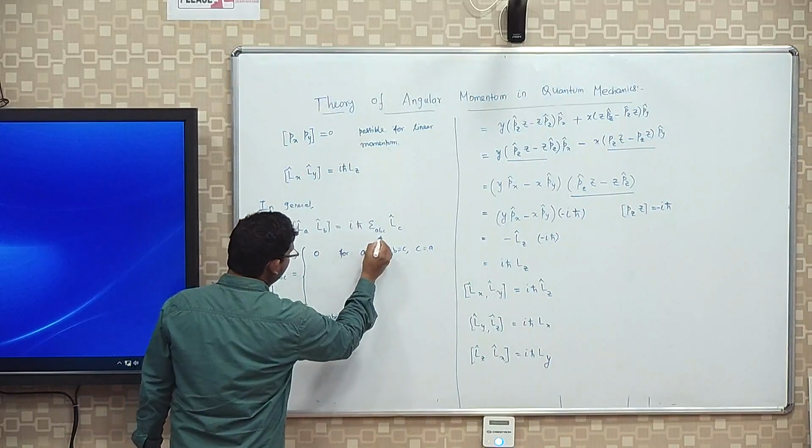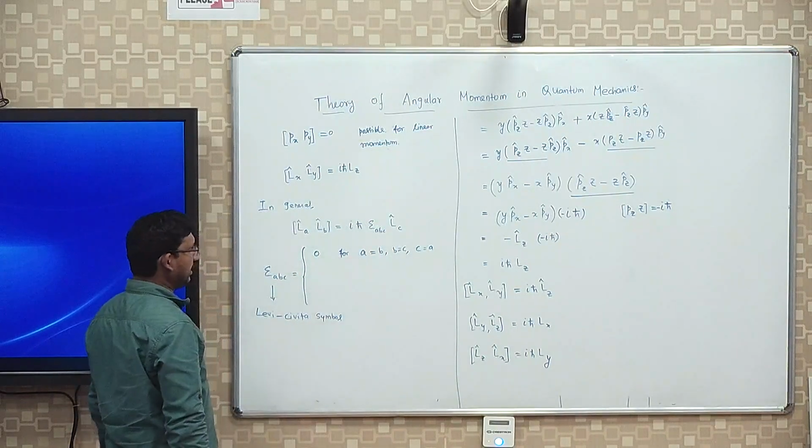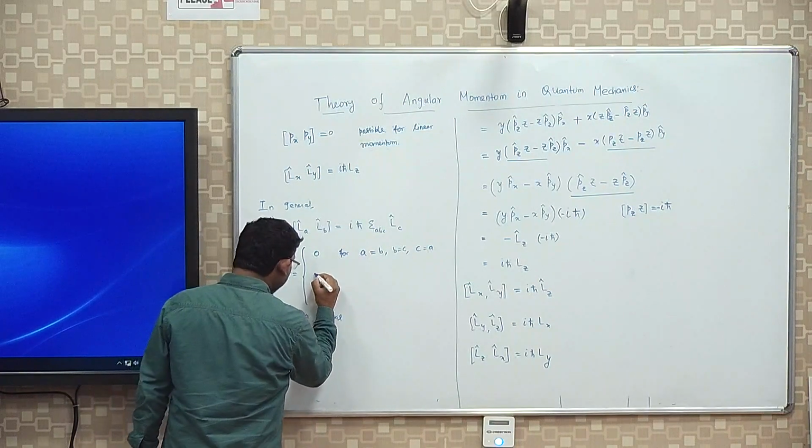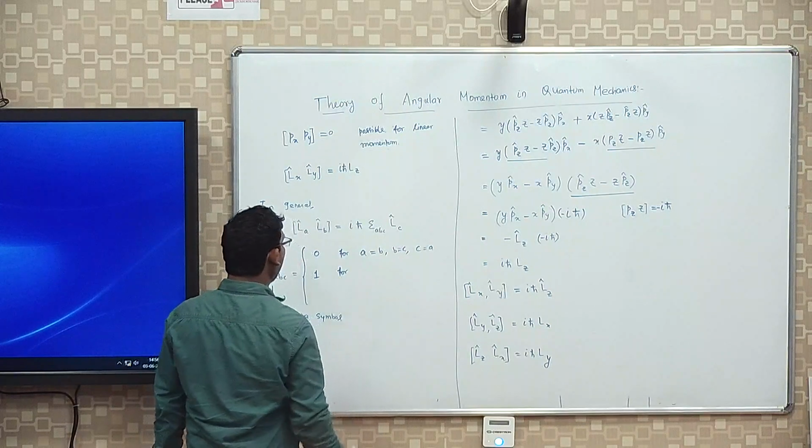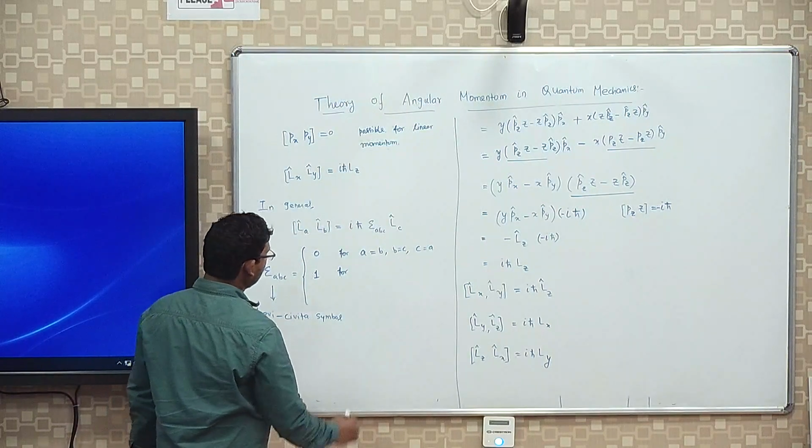and the value of this constant epsilon ABC will be 1 for all cyclic permutations.